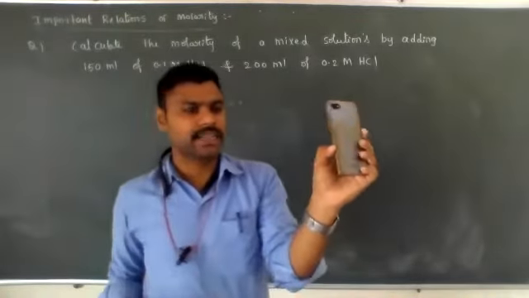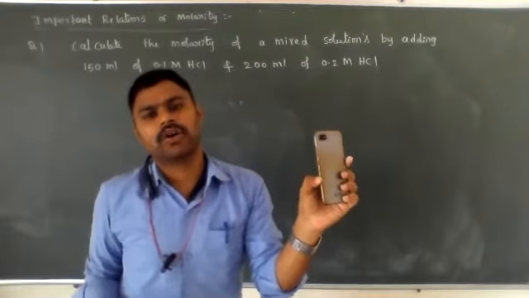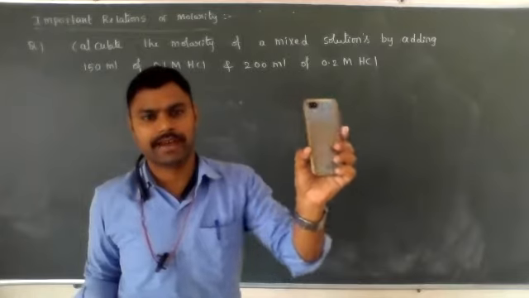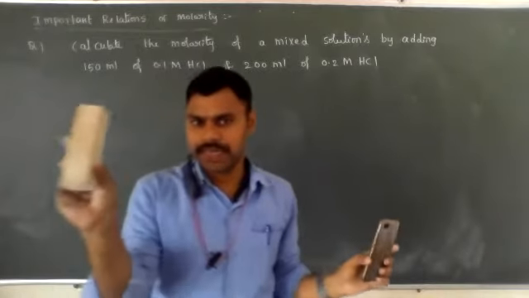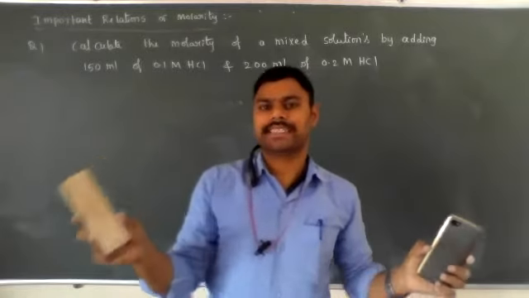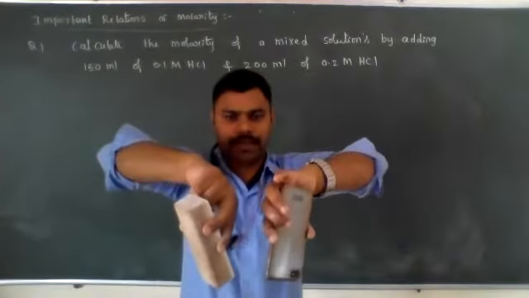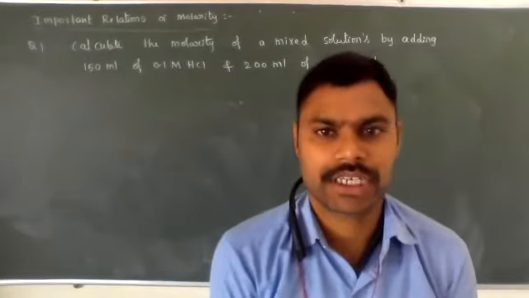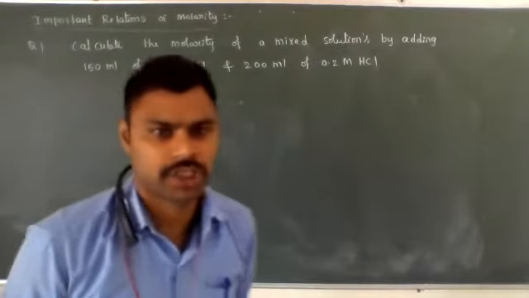This beaker contains 150 ml of 0.1 molar HCl, and this beaker contains 200 ml of 0.2 molar HCl. Both are intermixed. Then what is the resultant final molarity of the mixture?